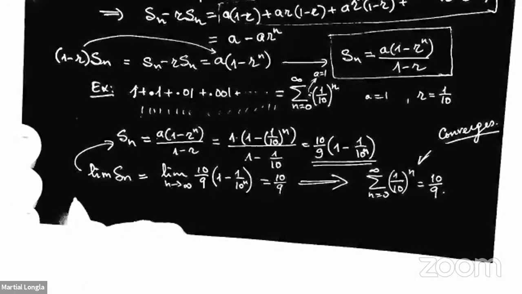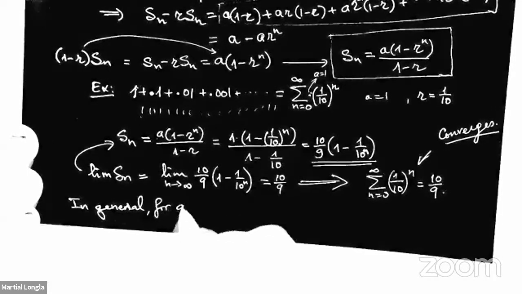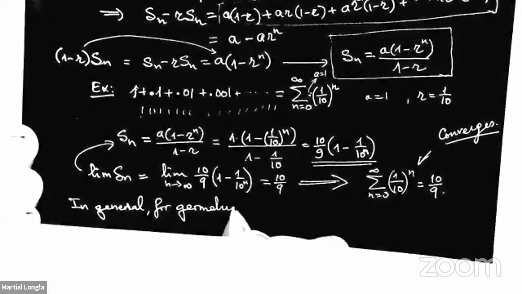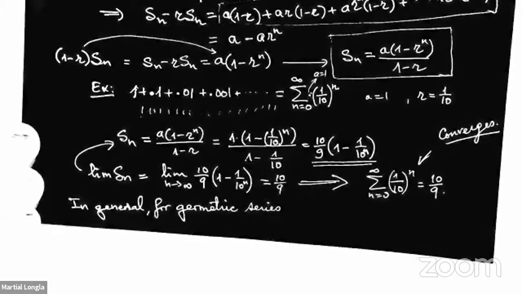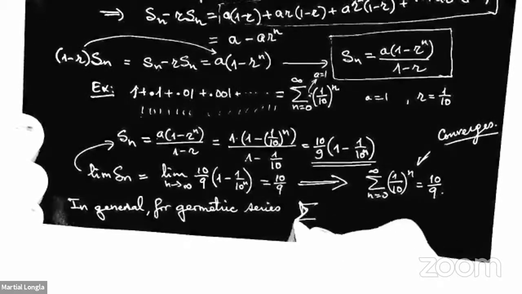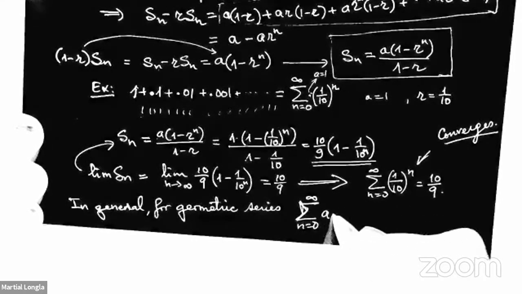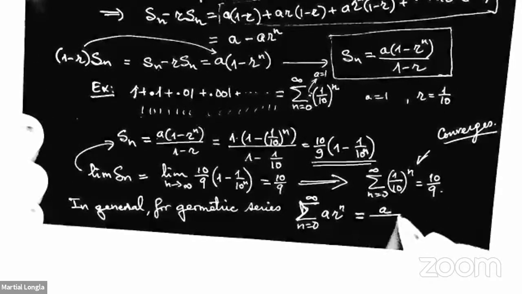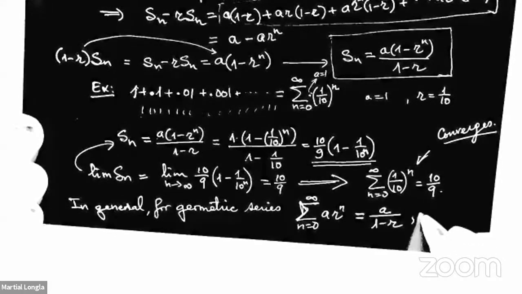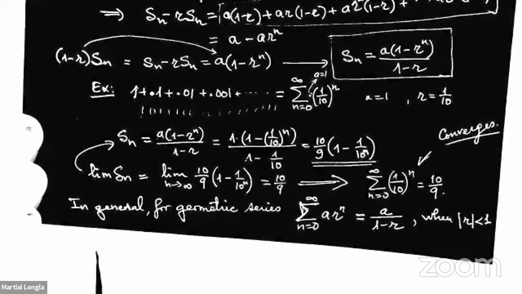Now, in general, for geometric series, the sum, n from 0 to infinity, of a r to the power n is equal to a over 1 minus r when the absolute value of r is strictly less than 1.